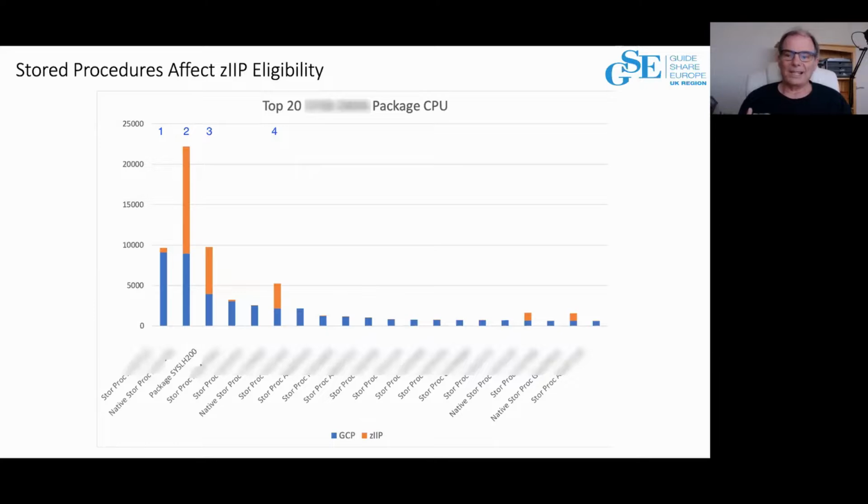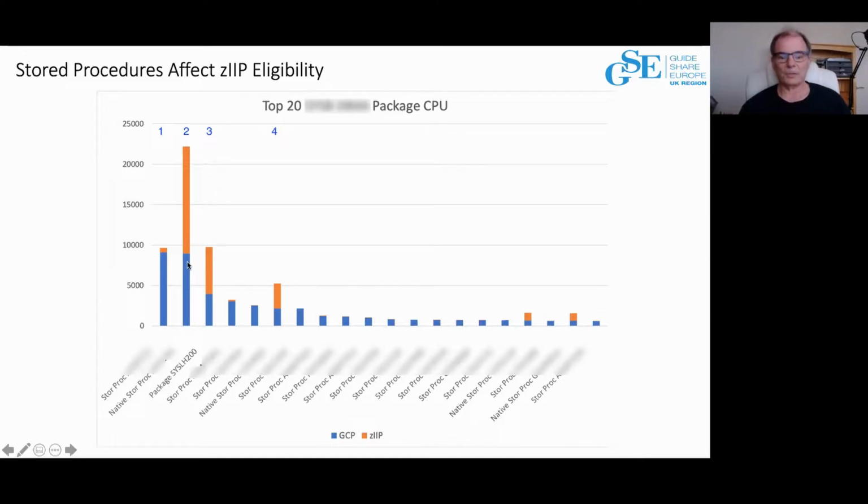However, if you are a native stored procedure called by a DDF client, you will get the 60% or something like it. So the point here is, this first blob here is a stored procedure that's not native. And you're not getting much zIIP eligibility at all.